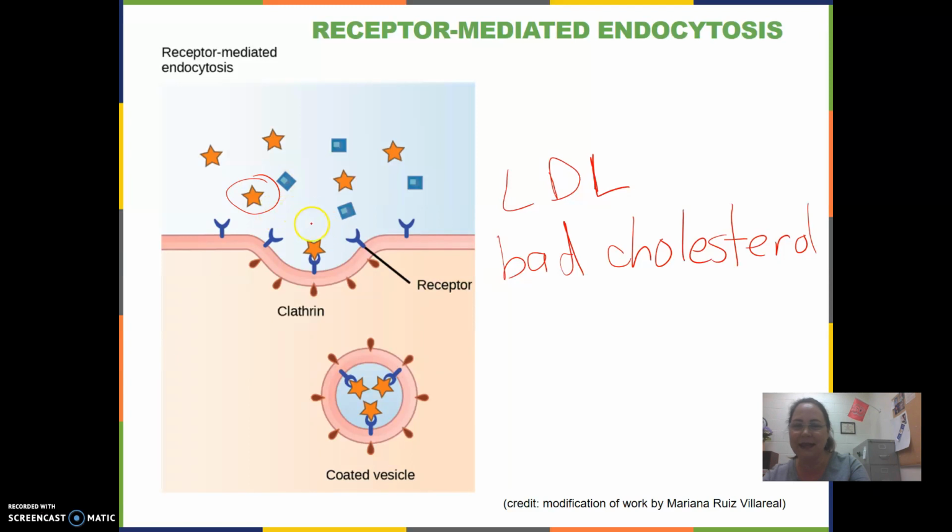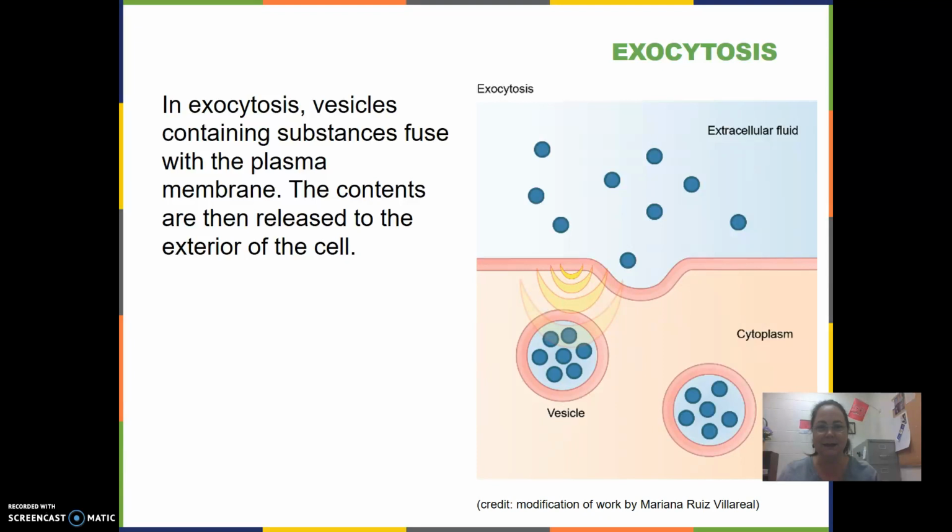This is such a bad example because usually they'll do an example where the particle fits into the shape of the receptor. But no, they drew stars and they don't look like they fit at all. But the concept is that the targeted substance that's going to be engulfed binds to these receptors, and then the plasma membrane pinches off with the target bound to those receptors. And this vesicle is now a coated vesicle, coated with receptors that contain your target substance.